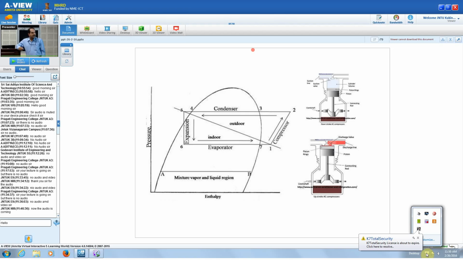If you take this value and finally calculate the COP, that is H1 minus H4, then what is the effect? Numerator and denominator are reduced, and exactly the COP will be decreased. Right? That's why, again, see, after the condenser, the point should be on the curve, but it is beyond the curve.